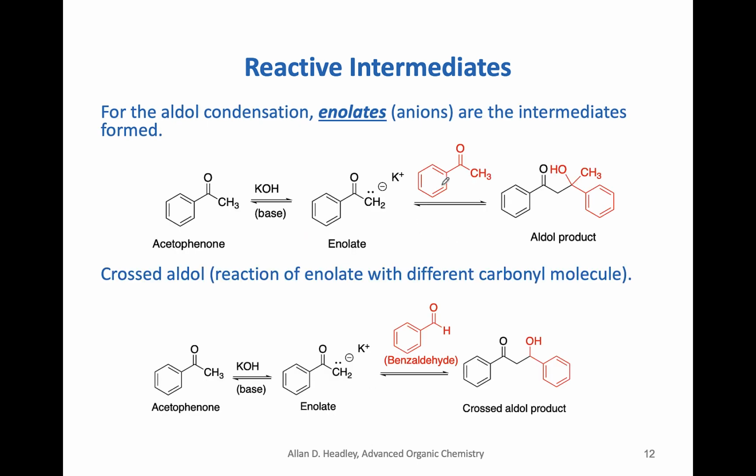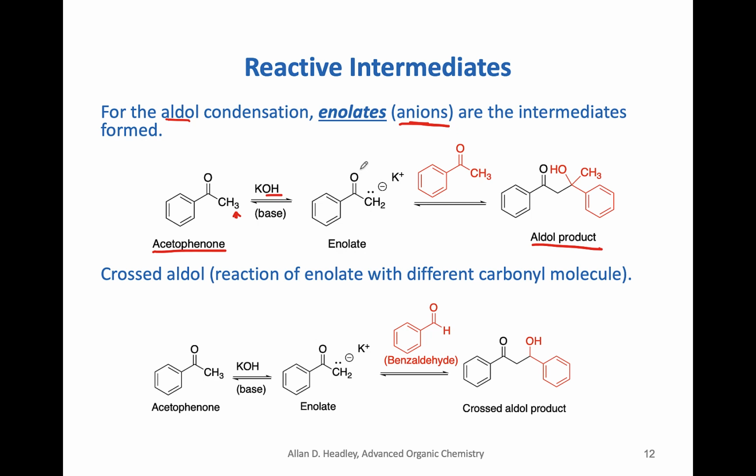Here's another reaction, and this is the Aldol condensation. For this type of reaction, the enolate, or the enolate anions, are formed as intermediates. So as you can see, we have here acetophenone reacting with the base gives this as the product. The mechanism, however, involves the base abstracting one of these hydrogens as a proton, notice, as a proton, to form water, and what's left is the organic anion.